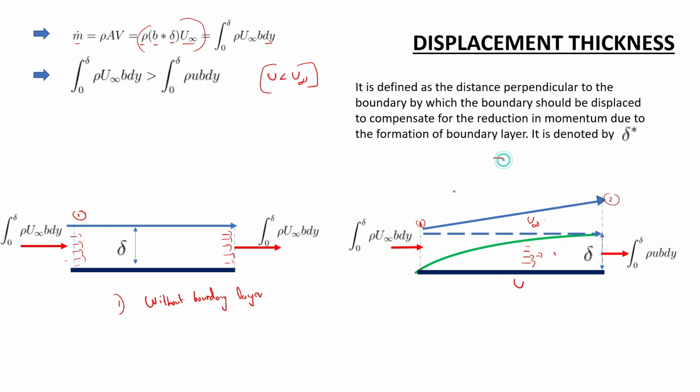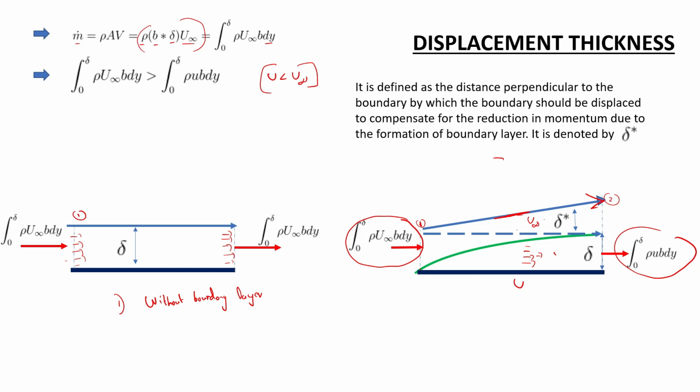Since this mass flow rate is greater than this one, to accommodate that, this streamline gets shifted upward. This is the new streamline. It gets shifted up.